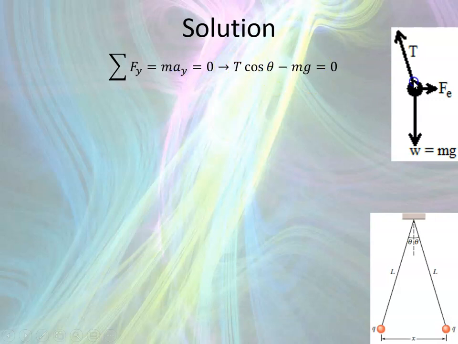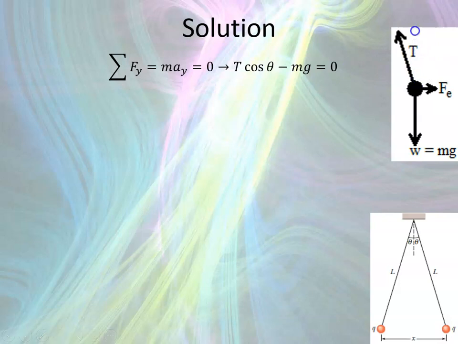The y component, the vertical component of that tension, well, given these angles theta that are in this diagram, that would also be the same, by opposite interior angle theorem, as the angle between the vertical and the line here. So in other words, the vertical component of T is going to be T cosine theta.